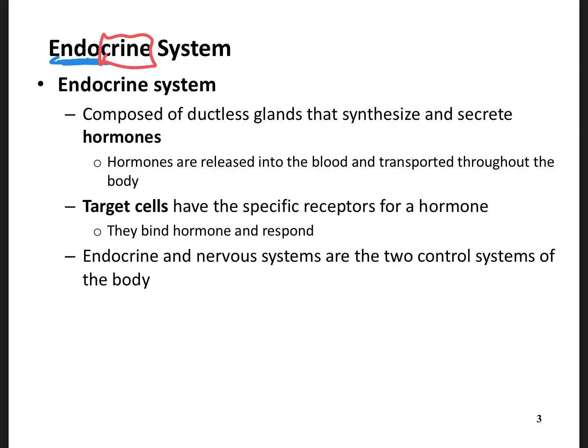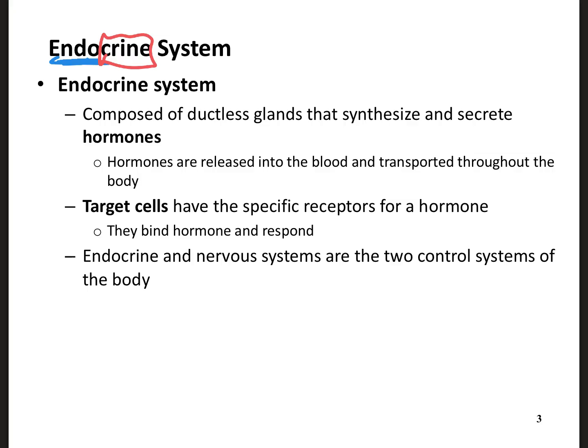Okay? Where does the blood go in the body? It's not a trick question. Everywhere. Okay? So, if the blood goes everywhere, and say a hormone like the thyroid hormone is released into the blood, it can technically go everywhere.